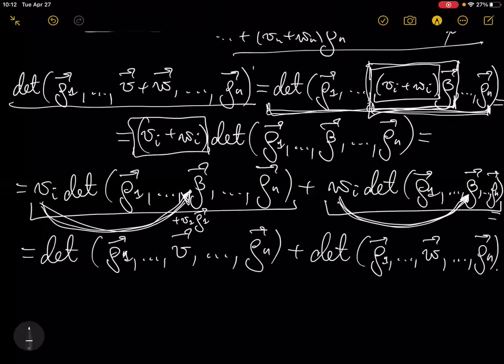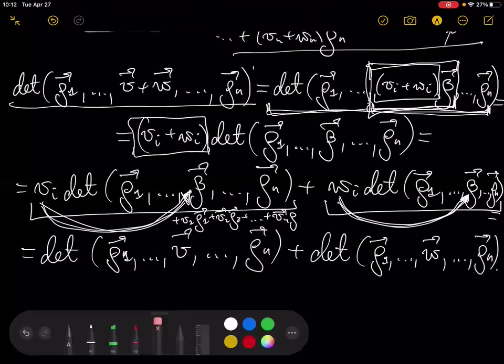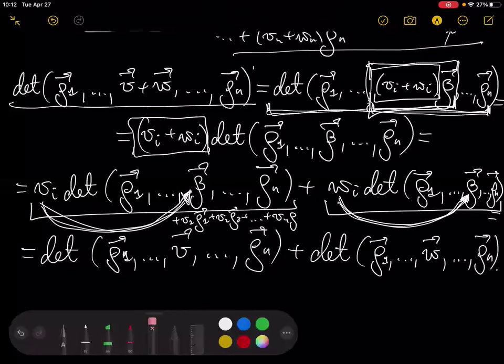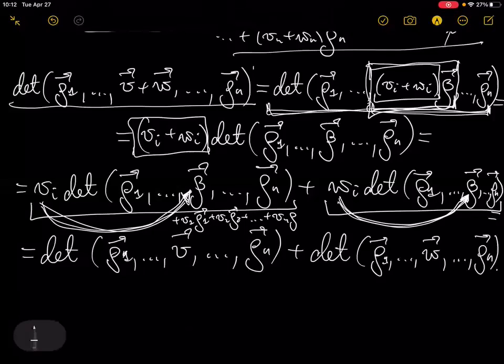And then I can add V2 times row 2, and so on till Vn times row n, and it doesn't change the determinant, right?